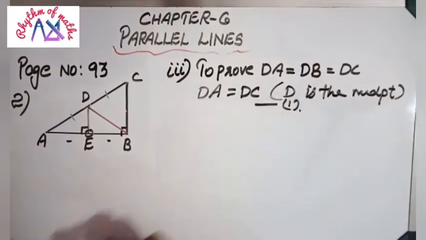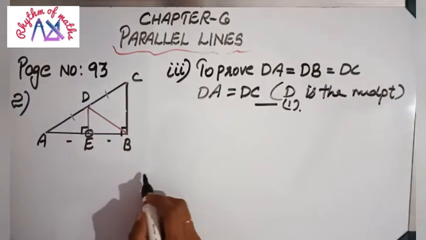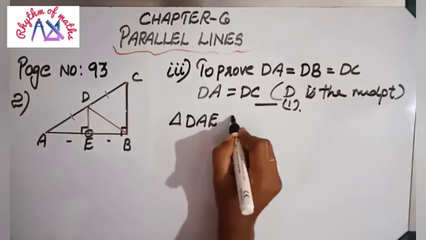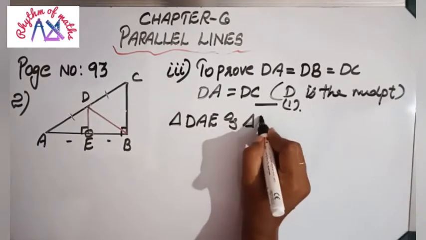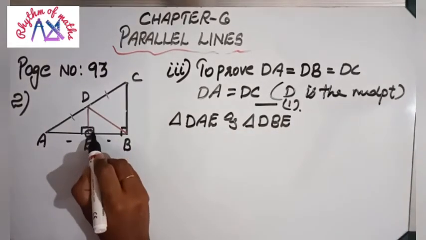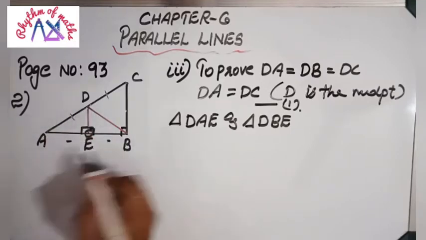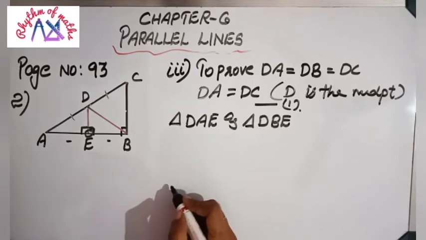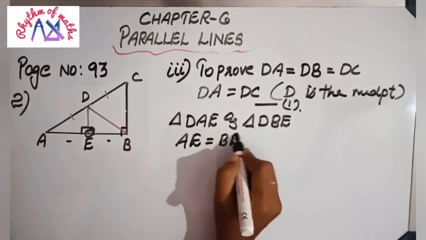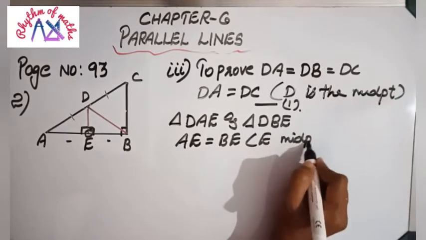Now in order to prove DA and DB, we have to consider two triangles: triangle DAE and triangle DBE. These two right triangles we have to consider. Which are the equal sides? AE and BE are equal, because E is the midpoint.